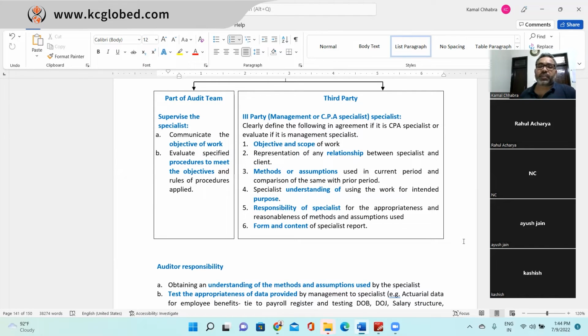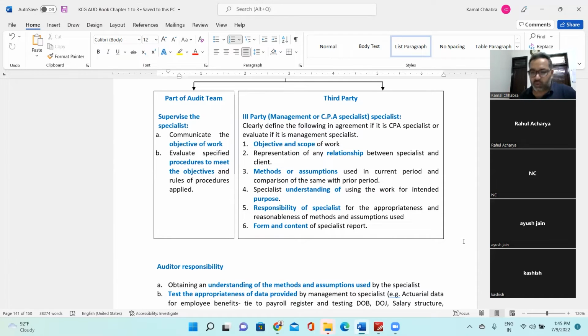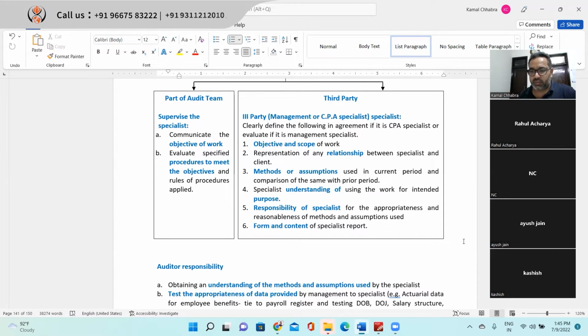Second is representation of any relationship between specialist and client. If there is any relationship, for example, the actuarial or the valuer is also a relative of the director, right? Then they need to disclose that relationship upfront. So we need to assess the independence, integrity and competency accordingly.